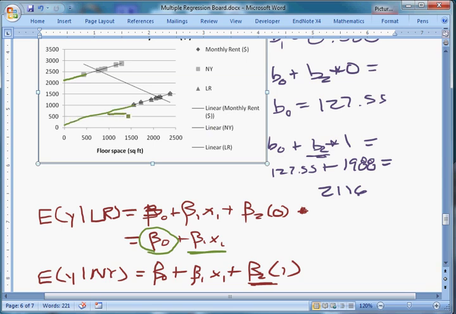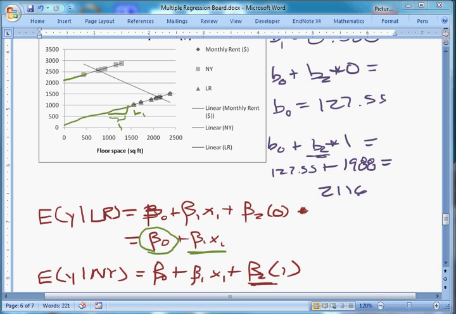The slope in both of them is B1: for every one unit increase in square foot, you get a B1 increase in rent, but you'll also have this difference in intercepts of $1,988. Okay, so the coefficient on our dummy variable accounts for the overall difference in the mean monthly rent between New York and Little Rock, controlling for the difference in floor space.